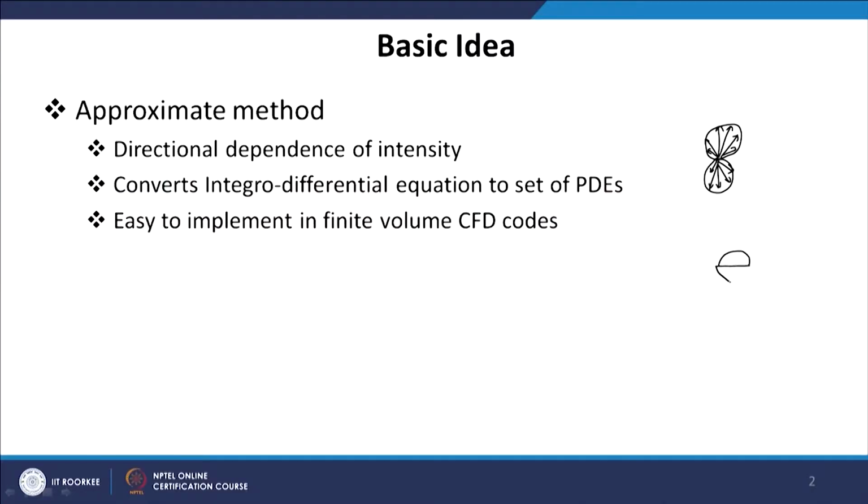The intensity distribution was assumed to be isotropic with different magnitude in the upward direction and downward direction. So, we assume that the intensity is isotropic, but the magnitude of intensity in the upward direction is different from the magnitude in the downward direction. This was assumed for the two methods that we discussed in the last class.